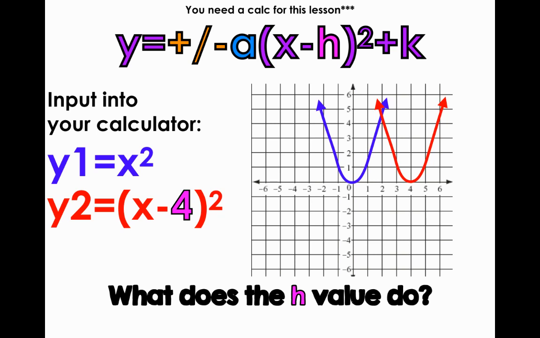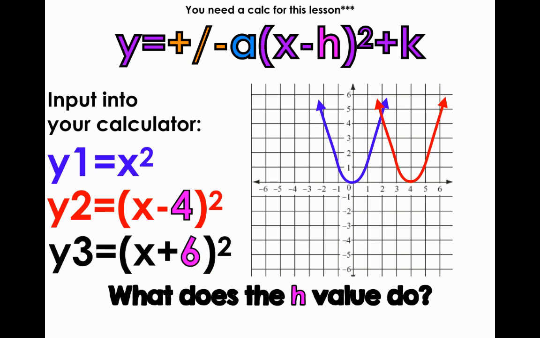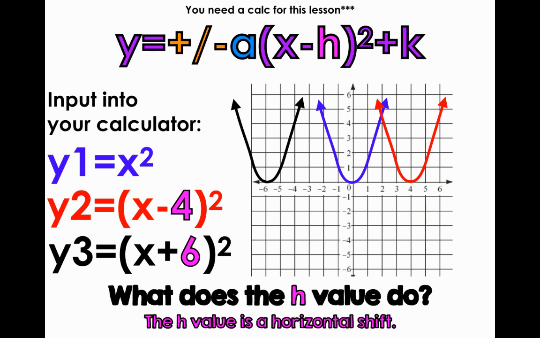Because we still have that subtraction there, we're moving to the right. If we input x plus 6 squared into our calculator, we actually move to the left. When you have a plus, that means you're moving to the left because your h value is actually negative 6. So the h value is our horizontal shift or translation. How much is it moving from the left to the right?